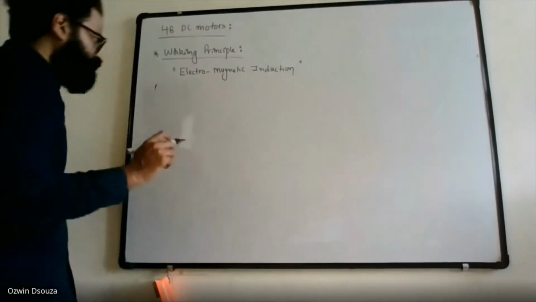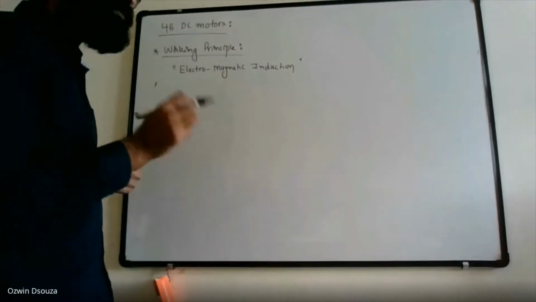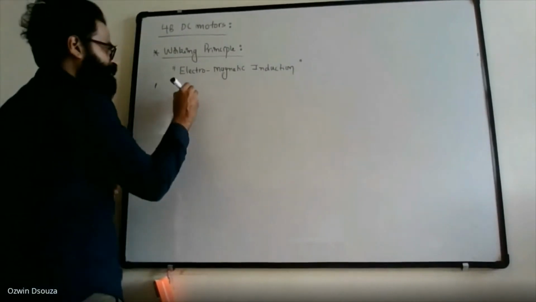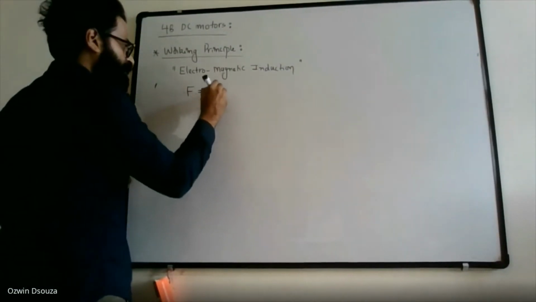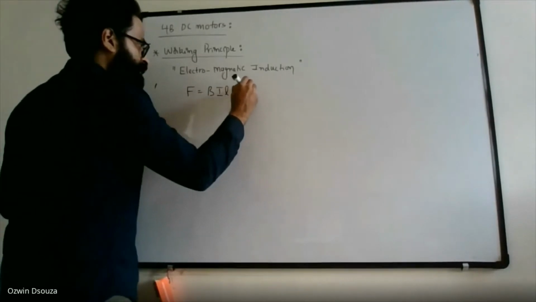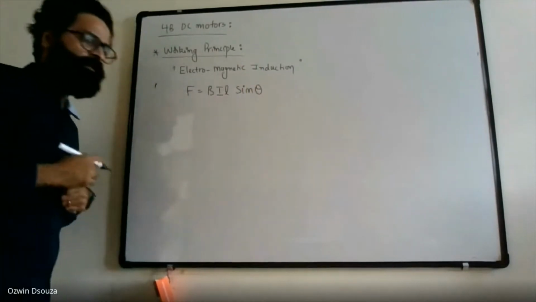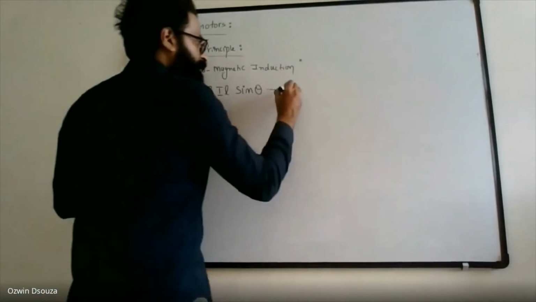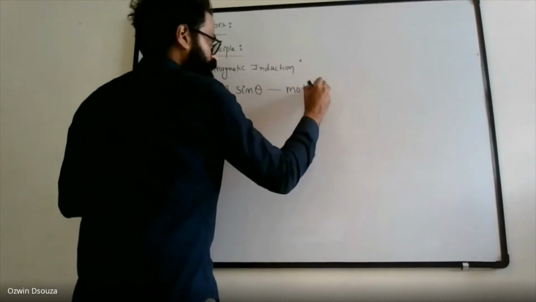Now, the force acting on the conductor can be given as F is equal to BIL sin theta. So this is your motor equation.